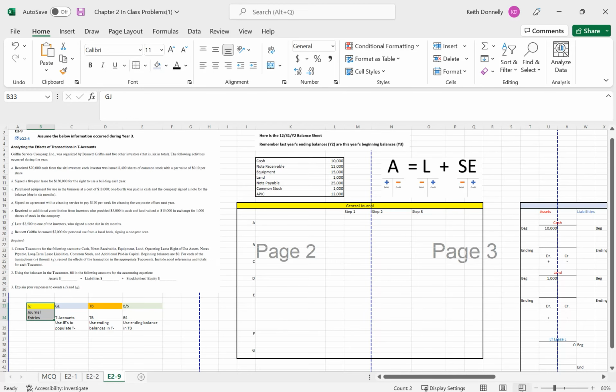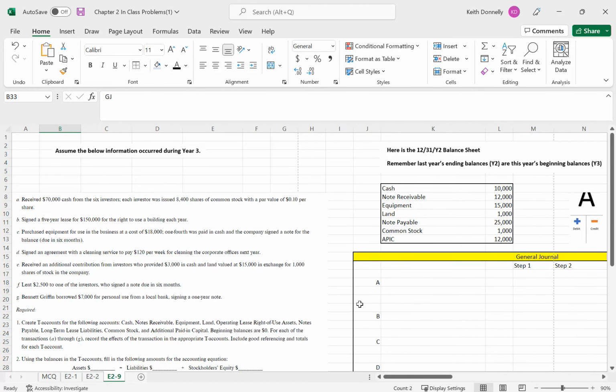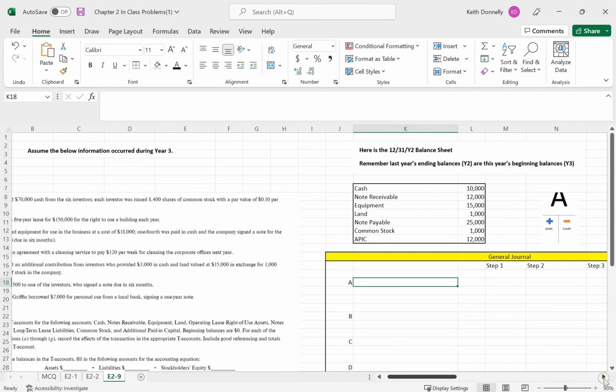So for A, if we were to write this out, it looks like we received $70,000 cash from 6 investors. Each investor received 8,400 shares of common stock with a par value of 10 cents per share.